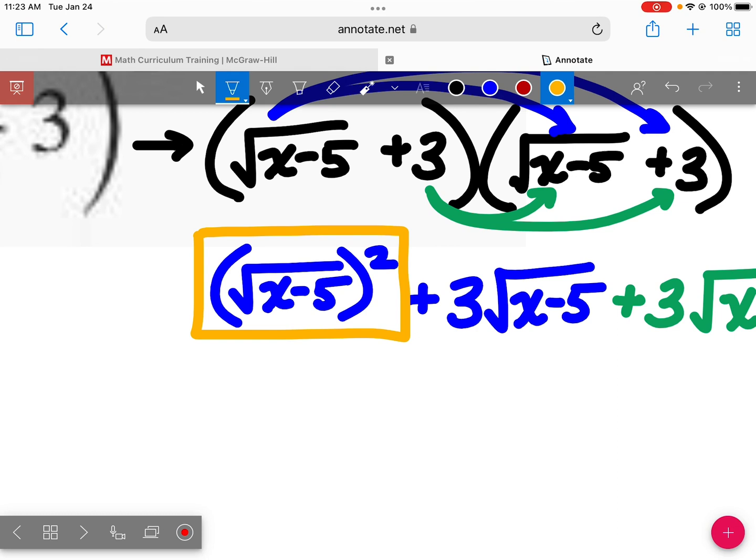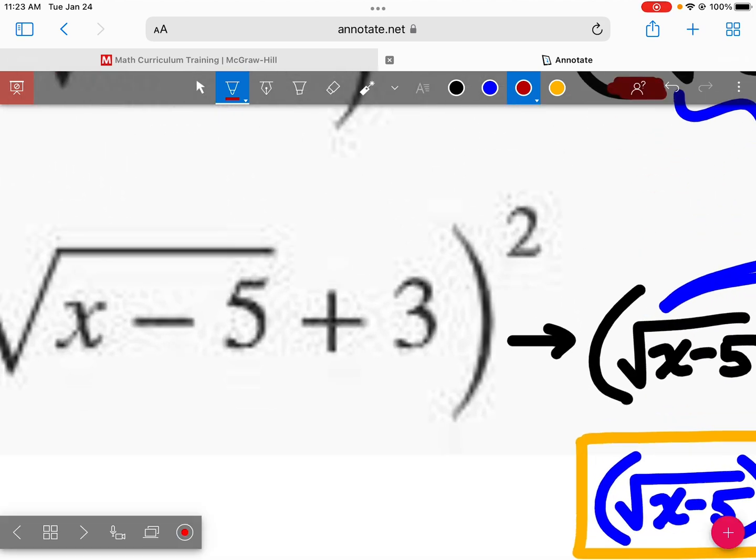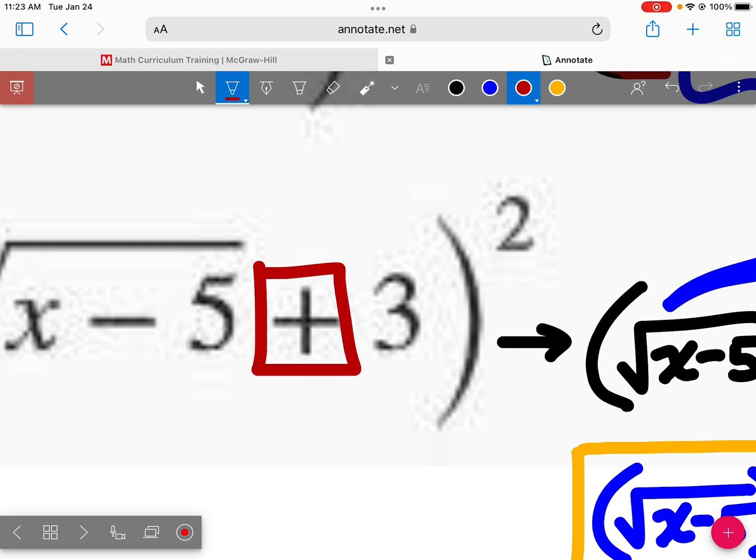The whole big difference here between these two is that here the 7 is being multiplied to my radical, and down here, the radical is being added to the 3. So that's what changes my approach on these.